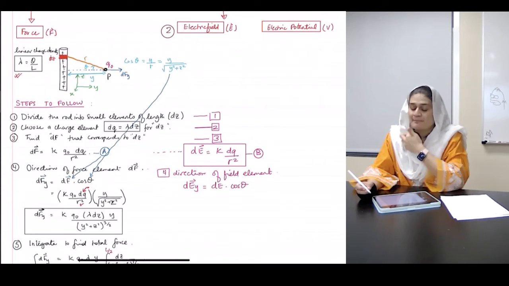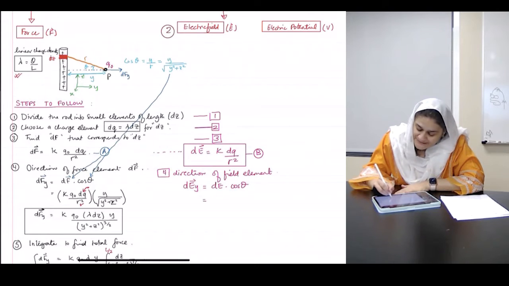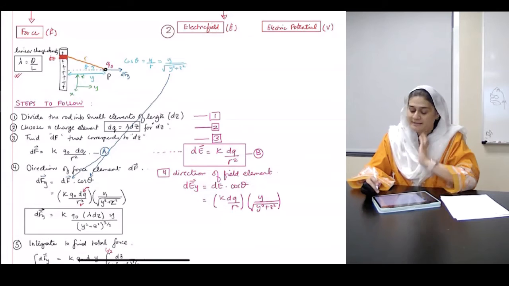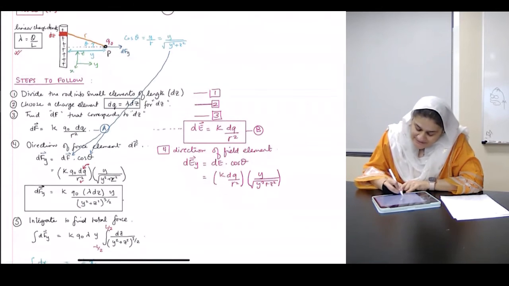I will do the same thing, replace them. So this becomes dQ over R squared. This becomes Y over the square root of Y squared plus Z squared. And then may I write it exactly the same way.